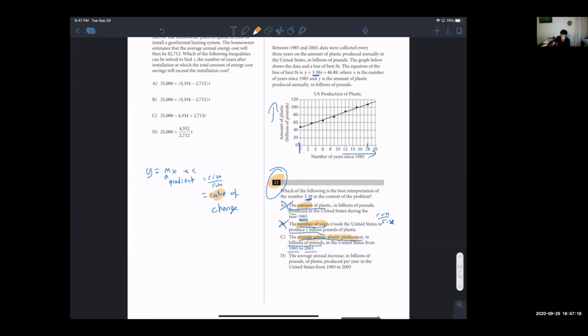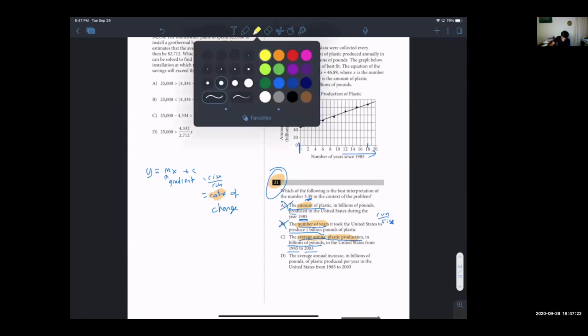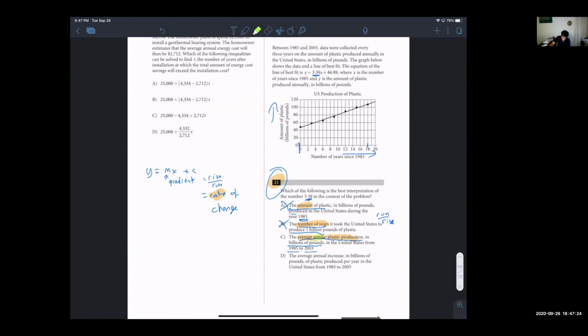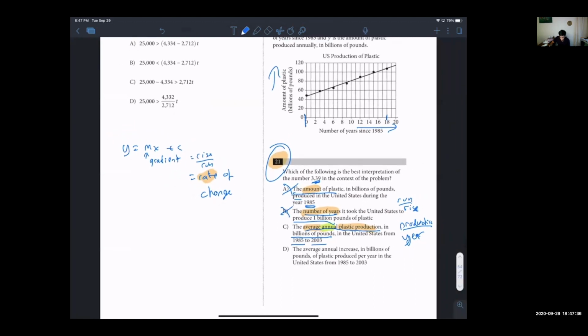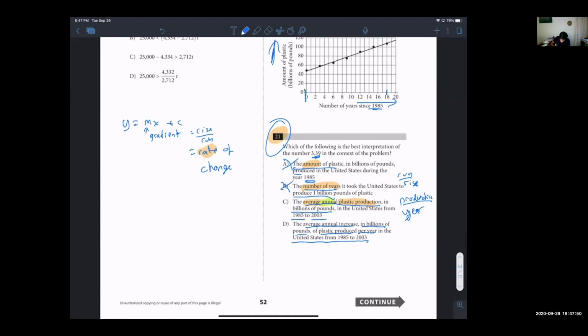But the key here is it's annual. So notice this key piece here, average annual. What this means is that it is production per year. So this does look like rise over run: production amount divided by years. And this says average annual increase in billions of pounds of plastic produced per year in the United States from this to this. This is average annual increase.